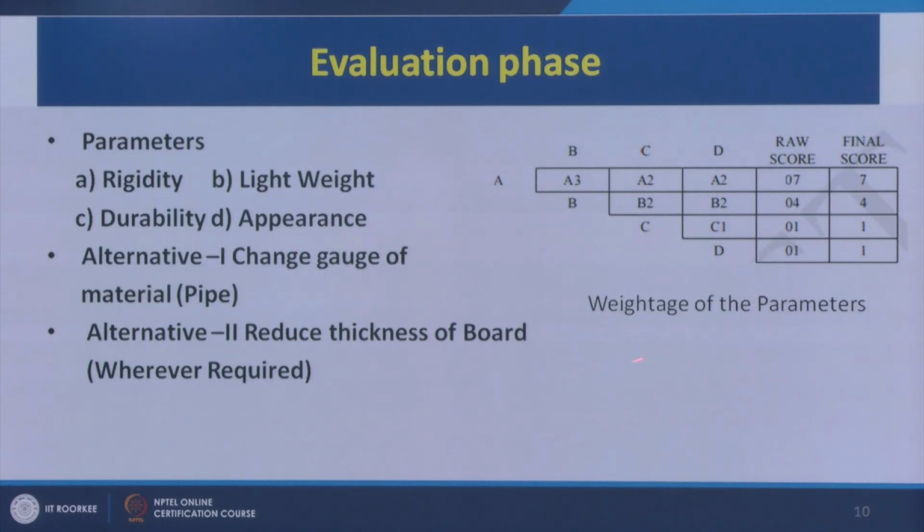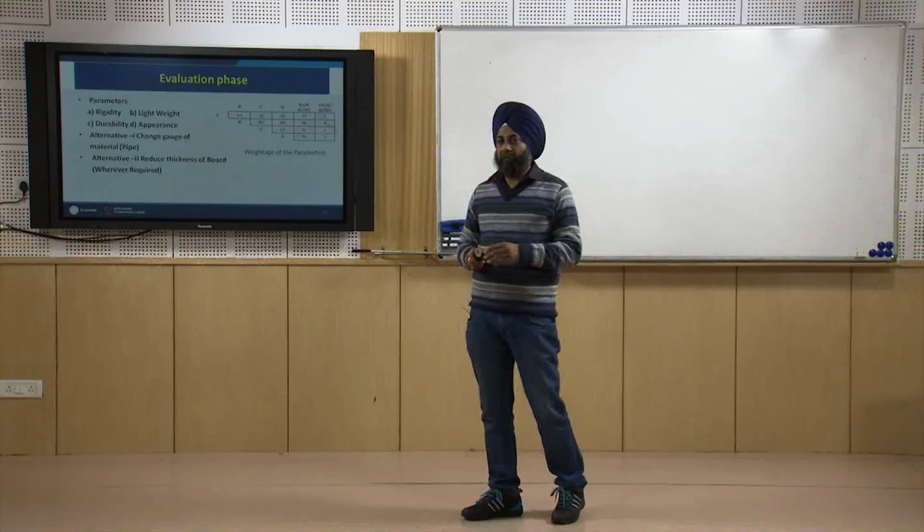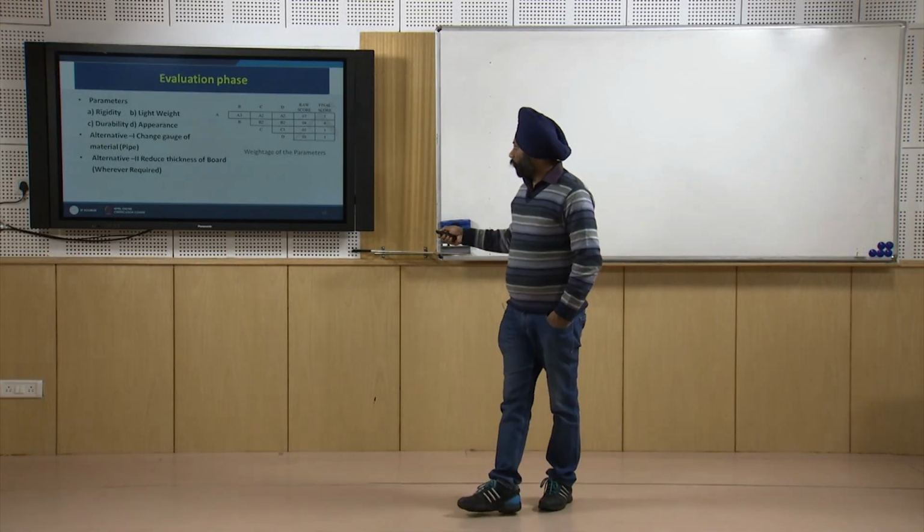So we will see A and B. A3 means rigidity and lightweight have a major interaction. But for C and D, durability and appearance, it is C1, since they don't interact much, so the score given is 1.